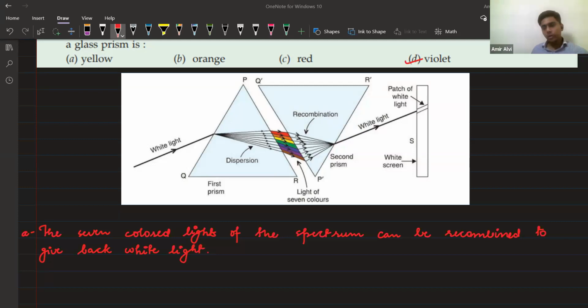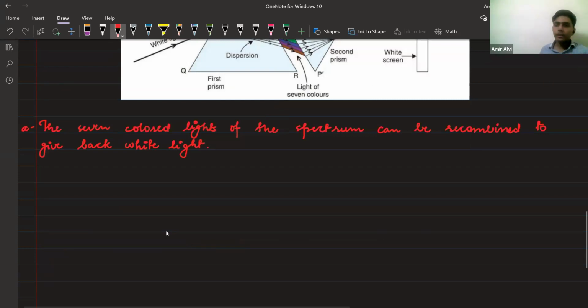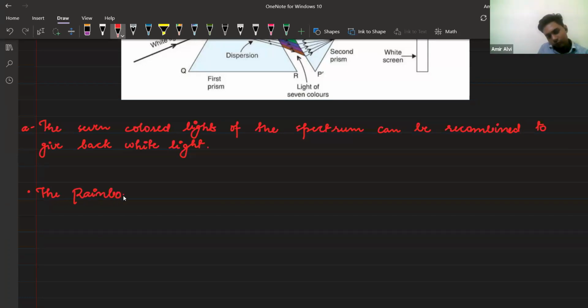Okay, now let's move to the new thing, that is the rainbow. This is the real world application of the dispersion of light. Clear, everyone?